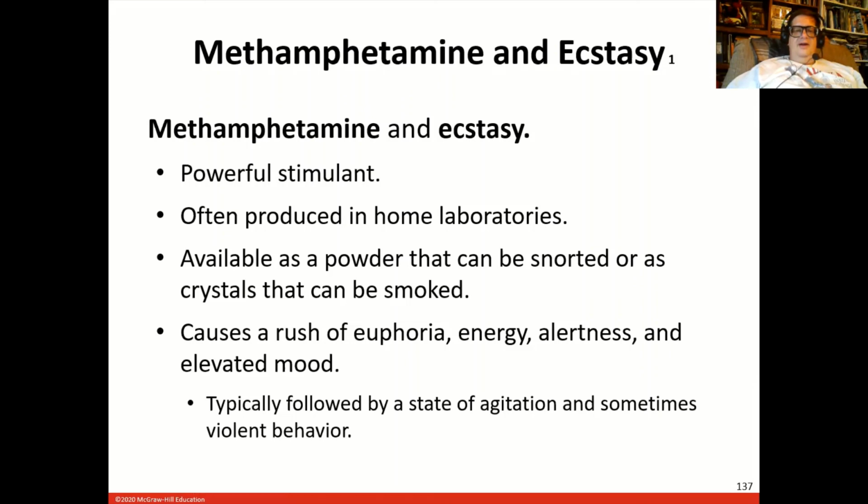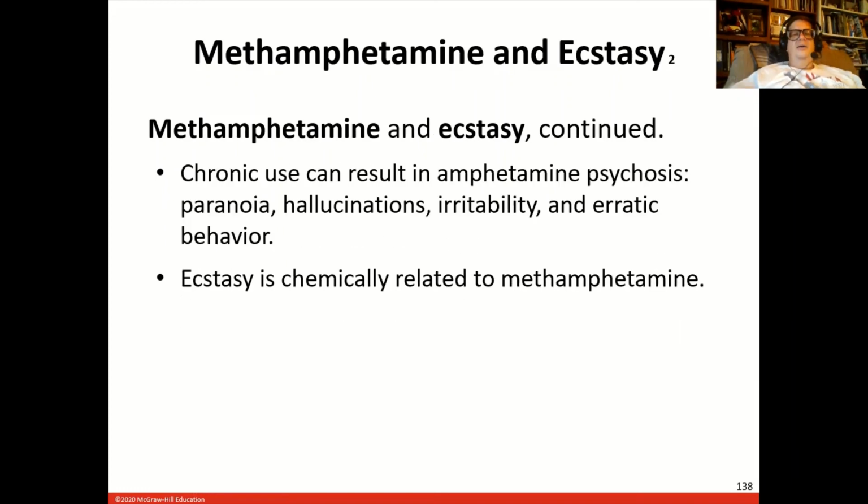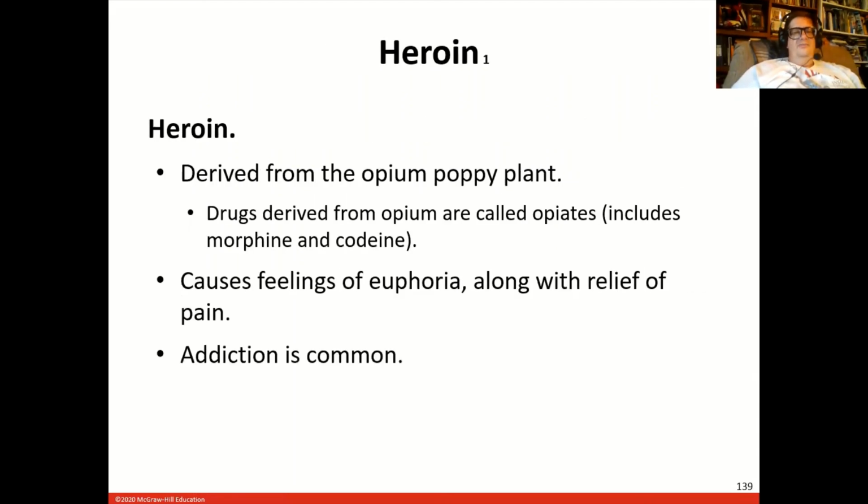But when you come down hard, you could be agitated, might even possibly be violent, irritated. Meth and ecstasy, if you take a lot or do it frequently, you could have psychosis, paranoia, hallucinations. You can see the list.